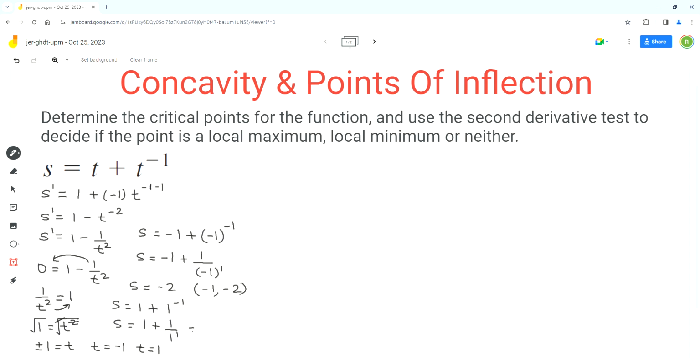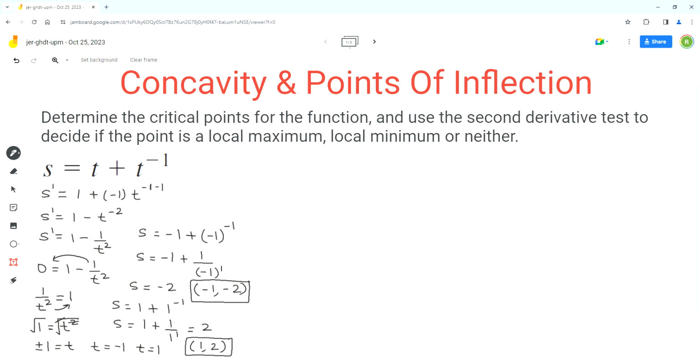So 1 exponent 1 is just 1 and 1 over 1 is equal to 1, and 1 plus 1 will be equal to 2. So the second critical point is 1 comma 2. So these are the two critical points at which the derivative is equal to 0.